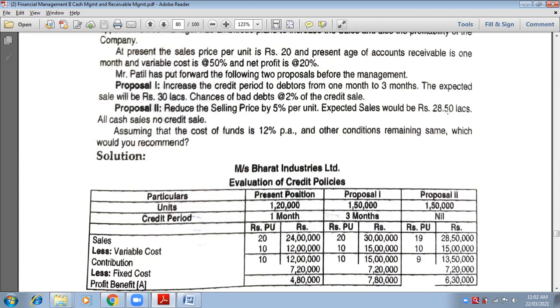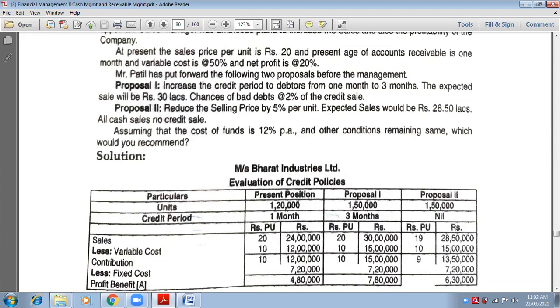Okay, now less variable cost. See, variable cost is given 50 percentage. Already given. Look at the question, you will come to know. Write down less variable cost, bracket 50% on sales.